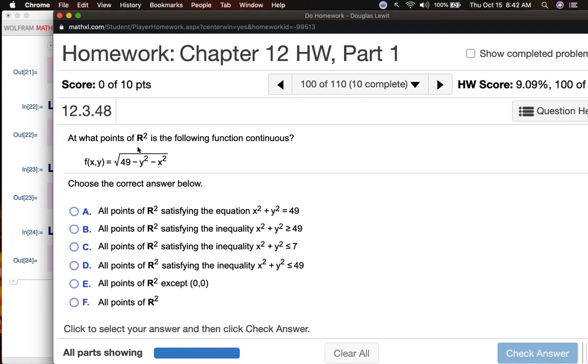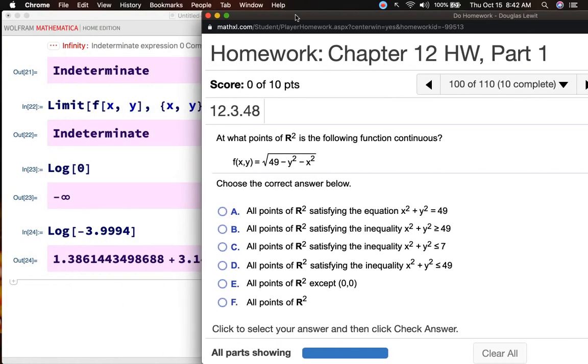Okay, at what points of R2 is the following function continuous? So, hold on one moment.